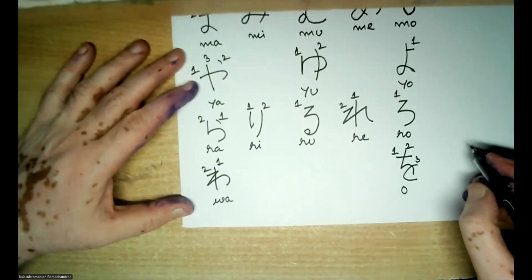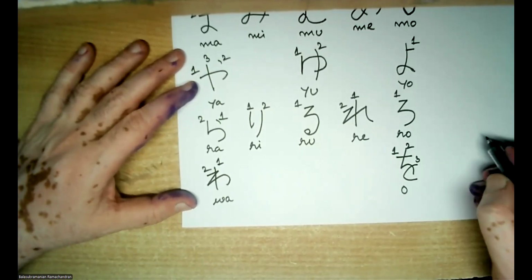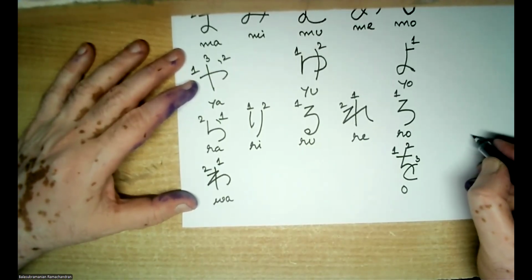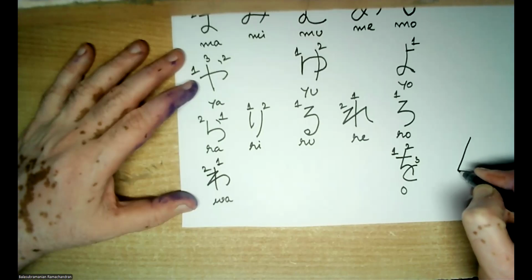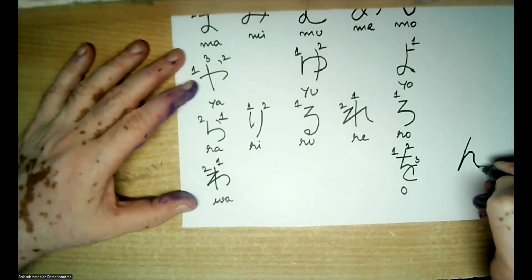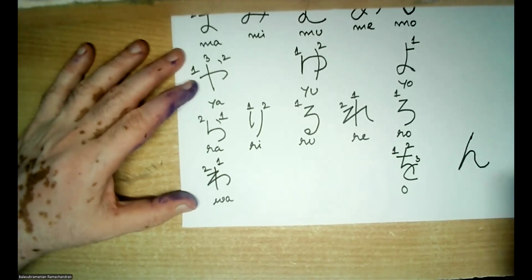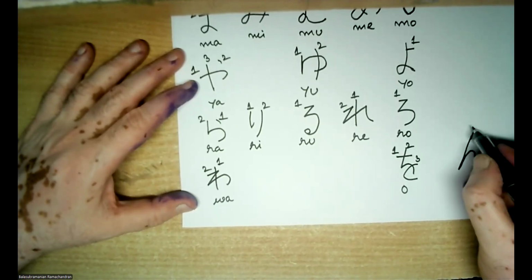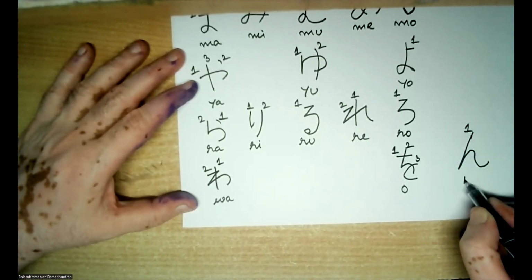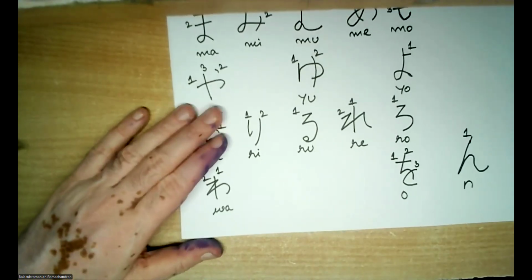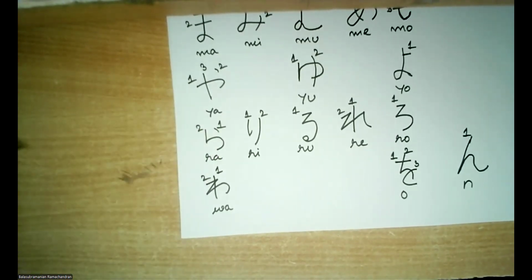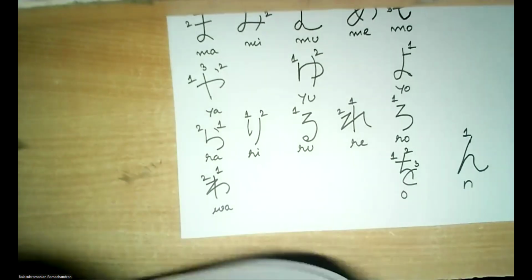Wa, o, and then N is written separately as a single stroke. Okay, people, if that is clear, then let us look at all the letters. With this, we complete Hiragana part one.